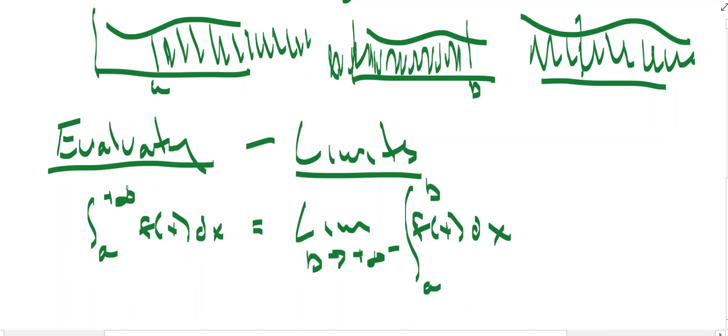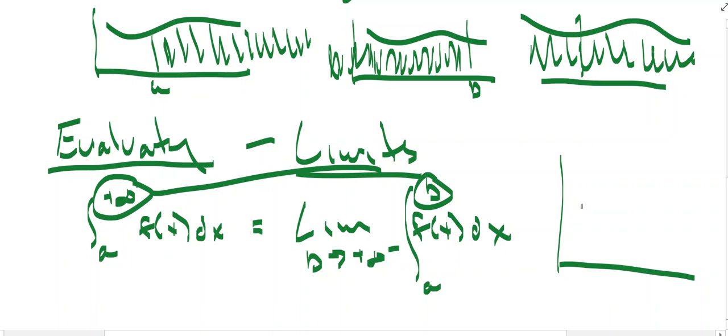So we're replacing the upper bound infinity with b, and then we're letting b approach positive infinity, and we're approaching it from the left because we have our curve, here's a, and so we would be approaching from the left.